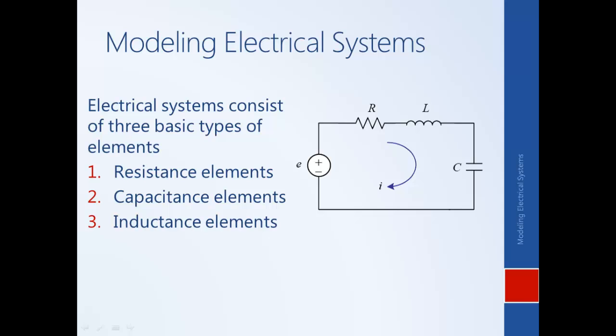While these are the basic elements that we're going to analyze when we build up and model electrical systems, there are other elements like diodes and transistors, etc. For our purposes, we're not going to get into too much detail with those elements. We will treat them as idealized elements and won't study their dynamic behavior.